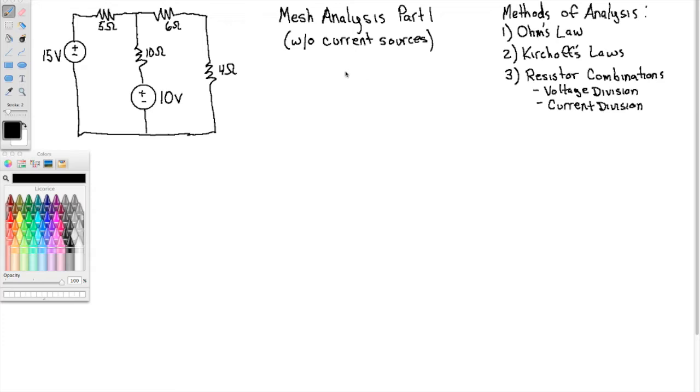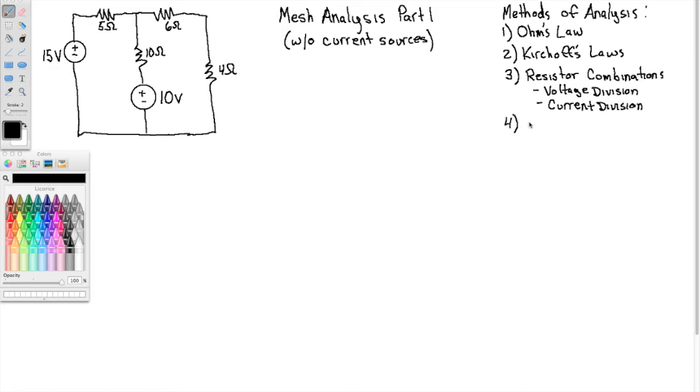Now here we do have resistors in series, so I could combine the 6 ohm and the 4 ohm, and that would make 10, but at that point there's nothing I can do, because I can't use voltage division, I can't use current division, because no resistors are in series or parallel, respectively, after the 6 and the 4 are combined.